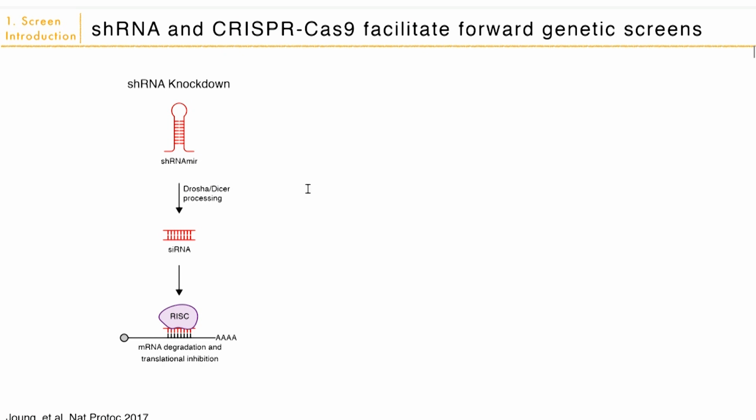Now, the problem with the Drosophila screens is that going back to figure out which perturbations led to the phenotype of interest was very difficult to do. And with the advent of shRNA and CRISPR-Cas9 screens, this became a lot easier. So to give you a brief overview, shRNA screens work by base pair complementary pairing to the mRNA of interest.